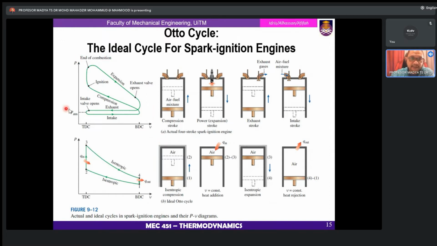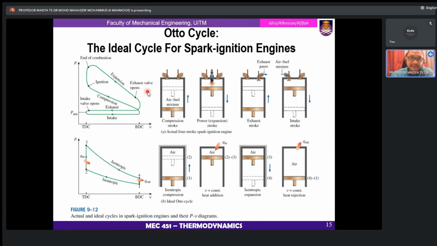This at the top is the actual Otto cycle. When you do the experiments, what you will have in the engine indicator diagram is this chart. This is the Otto cycle for the actual process.